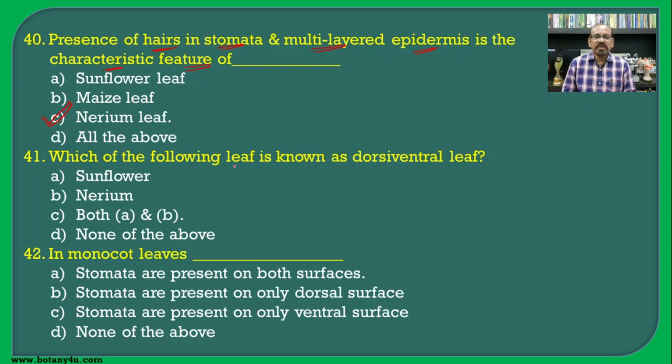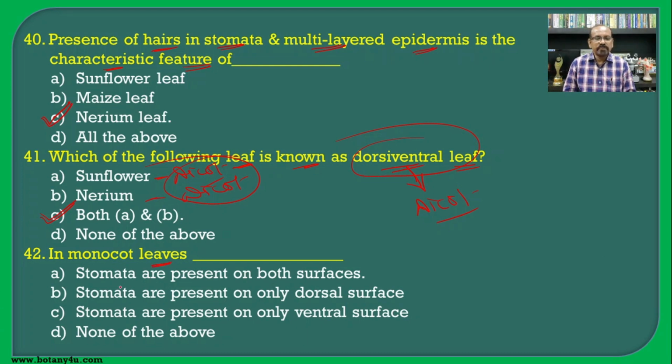Then which of the following leaves is known as the dorsiventral leaf? The dorsiventral leaf is a dicot leaf. Sunflower is a dicot. Then nerium is also a dicot, and as both are dicotyledons, both will contain the dorsiventral leaf, and hence both A and B become the answer for this question.